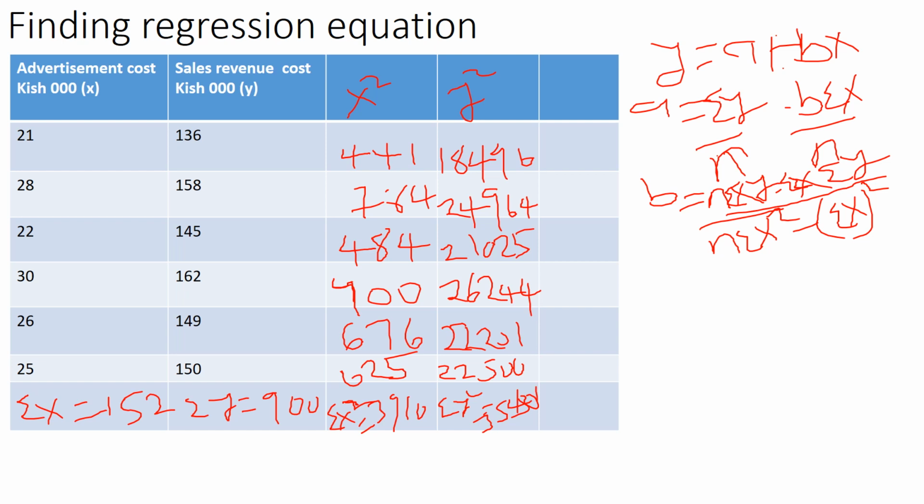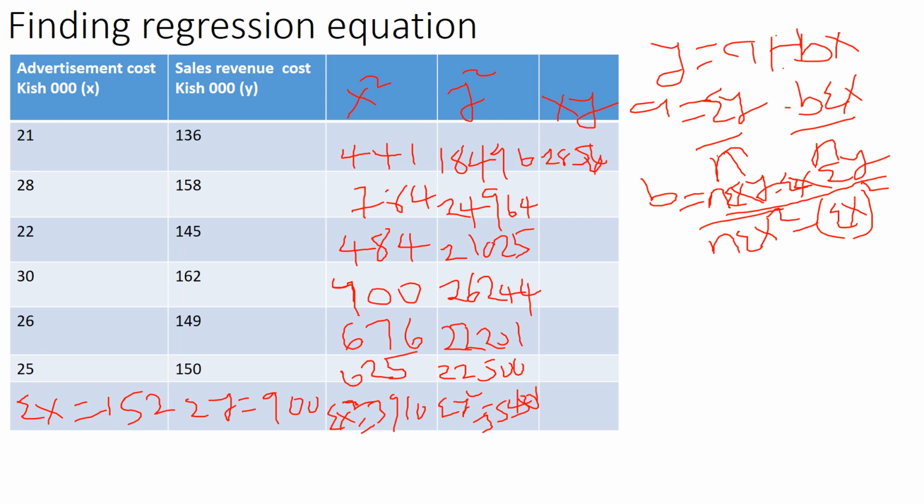And then the next thing we need to get is the value of xy, meaning we take 21 and multiply by 136, and we get 2,856.